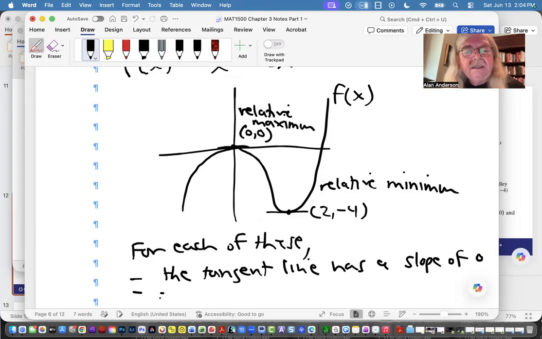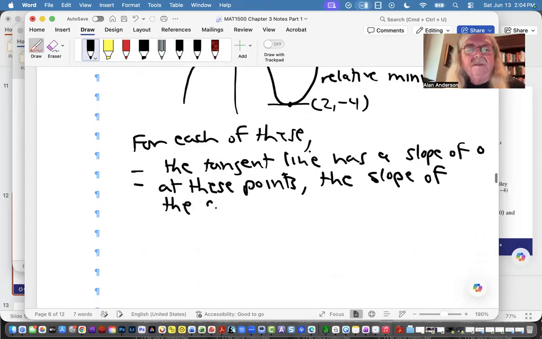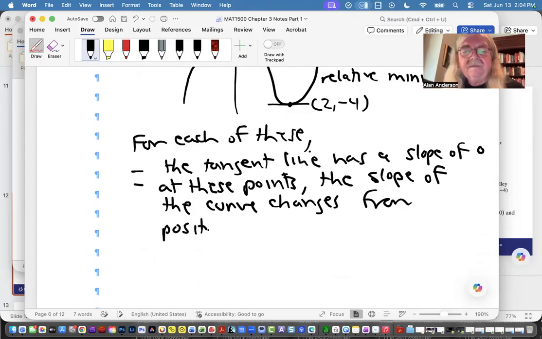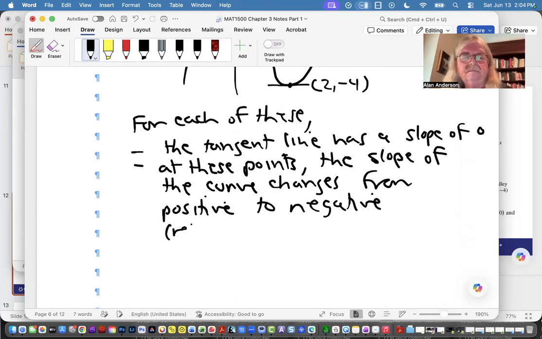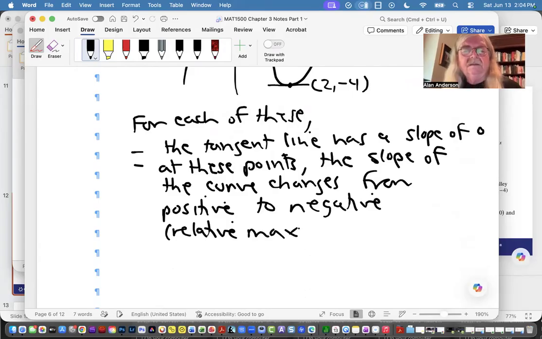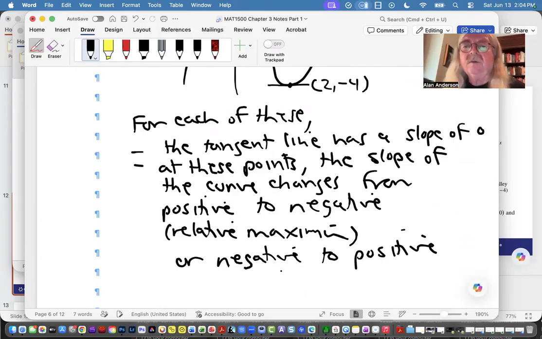The other thing to note here is that at these points, the slope of the curve changes from either positive to negative, and that would be the case for the relative maximum, as you can see, or the other way around, negative to positive, which is the case for the relative minimum.